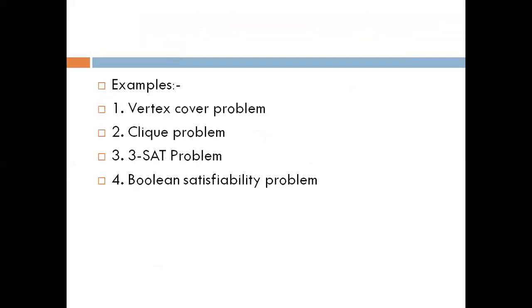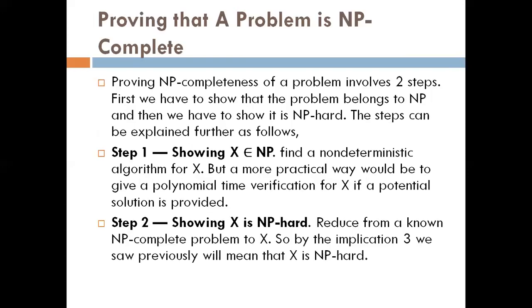Examples of NP complete problems are the vertex cover problem, the clique problem, and 3-SAT, that is the Boolean satisfiability problem. Now we'll see how to prove that a problem is NP complete.